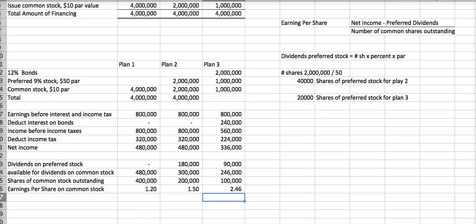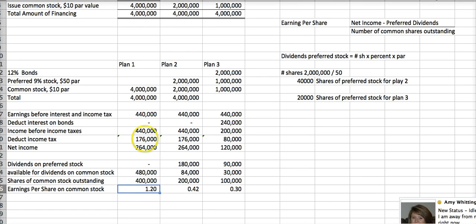Now, if we changed some minor numbers, or even a major number such as earnings before interest and income tax, let's just see what would happen to our earnings per share. So instead of making 800,000, let's say that this company made 440,000. Now what happens to our earnings per share?